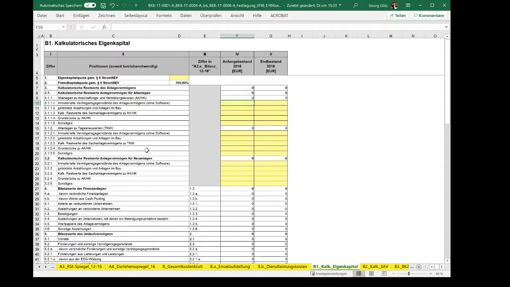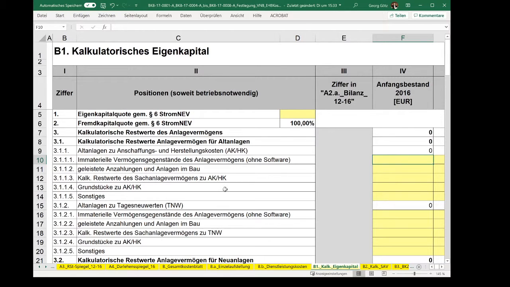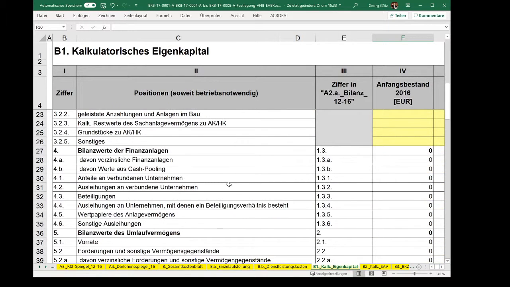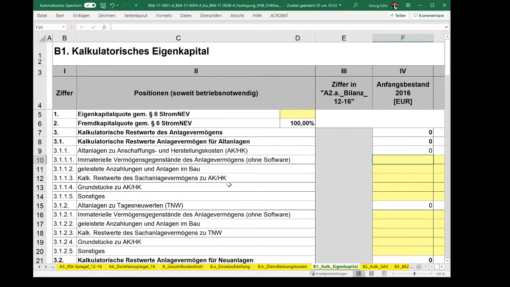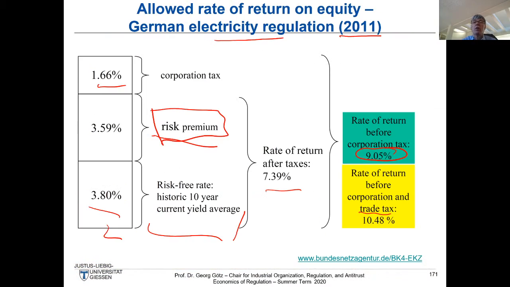And here you see, if you can see it, Eigenkapitalquote. Okay, here is where you have to put what your share of equity is and what your share of debt is.